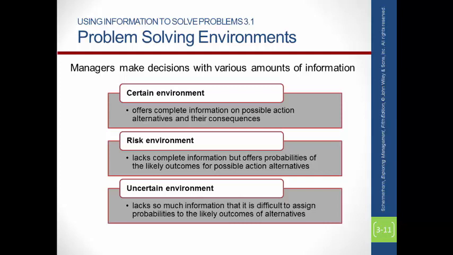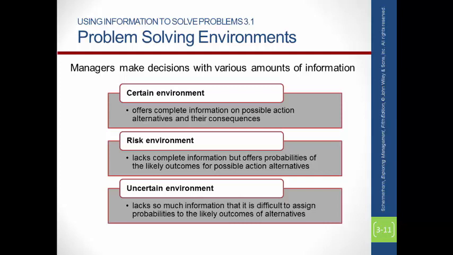In a certain environment, we have complete information on all alternatives and consequences. In a risk environment, we don't have all of the information, but we have some probabilities and likely outcomes for these alternative courses of action.